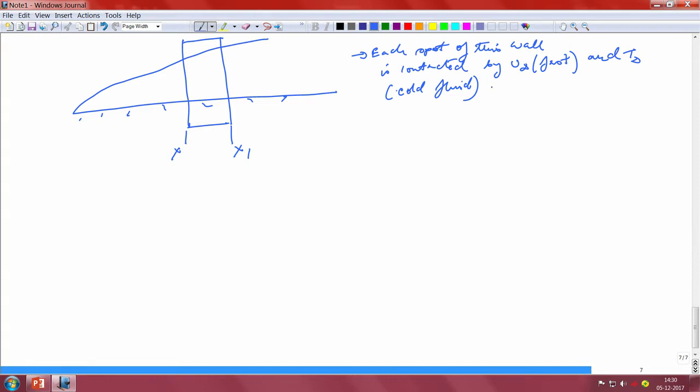Therefore, it is characterized by max shear stress or heat flux. So, whenever that happens, it is characterized by the max shear stress and heat flux, right.